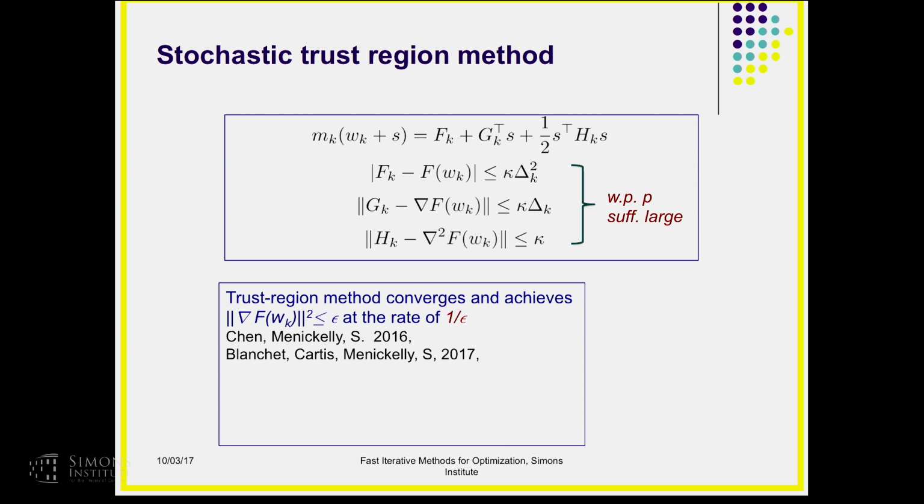Okay, so this is basically what will happen if I estimate my function values from samples. I don't always get good estimates, but I expect to get good estimates with some probability. Then I have the convergence rate. Sorry, there should be 1 over epsilon squared, because it's the same as before.